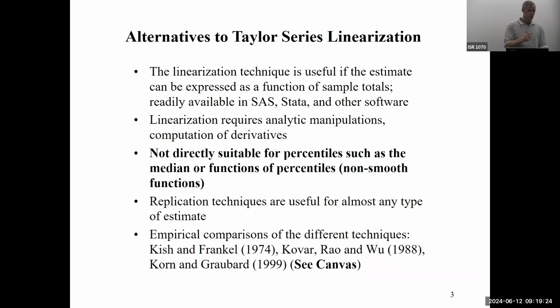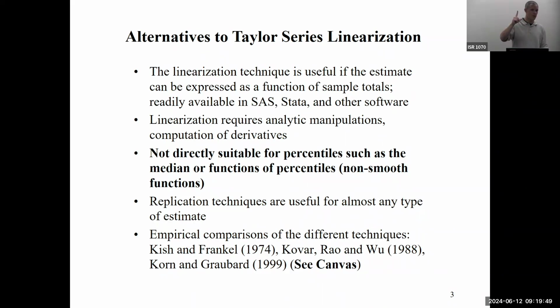The issue is with computation of more complicated models. Suppose you're fitting a structural equation model, or you're fitting some kind of complex multi-level model, where to fit one of the models, it takes a half an hour for the procedure to converge to some estimates. Now, the data producer has given you 100 replicate weights for the sake of variance estimation.